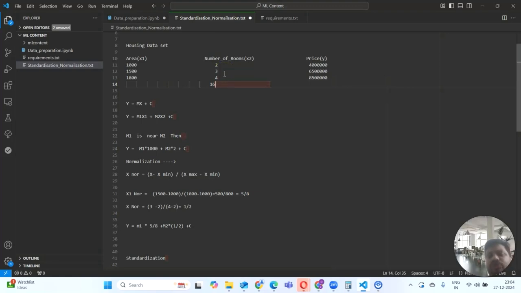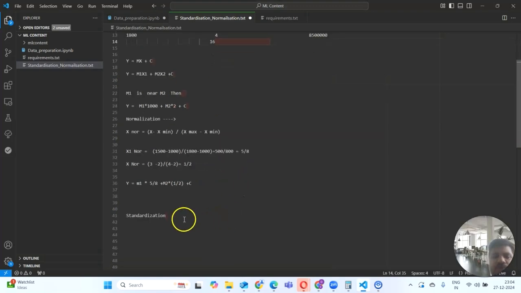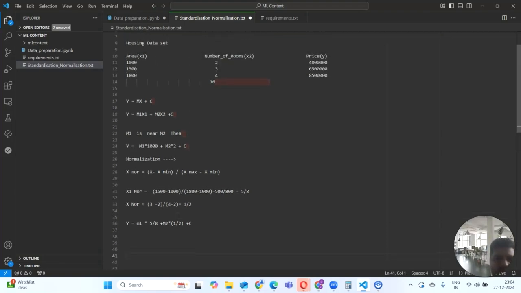Majorly, normalization is used when you are not sure what the distribution of the data is, or you know that the distribution doesn't follow a Gaussian distribution, or you are using a machine learning or deep learning algorithm that doesn't assume your data is Gaussian. Many algorithms actually do, like gradient descent, which always works very well if your data is in a Gaussian distribution.